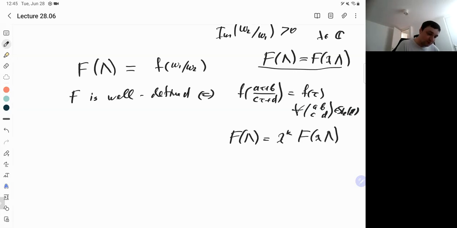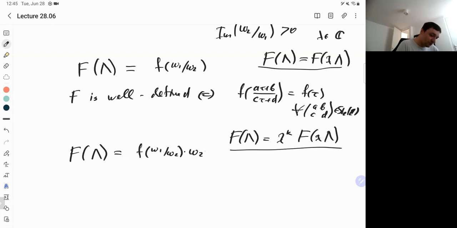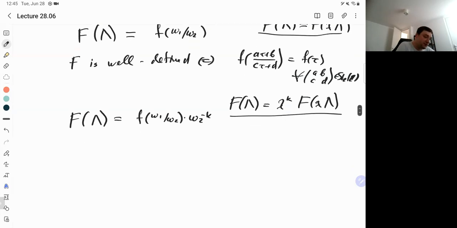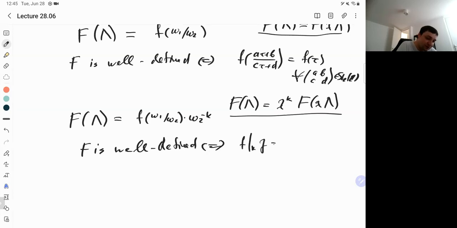It's a little bit confusing. So if you want this thing, then this condition, again, you define a function in one variable, but then you have to put also omega to the power minus k, and then the condition that f is a well-defined function of lattices is if and only if f satisfies f slash k gamma is f for all gamma in SL2Z.